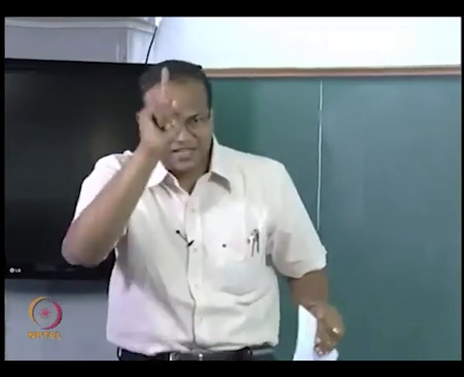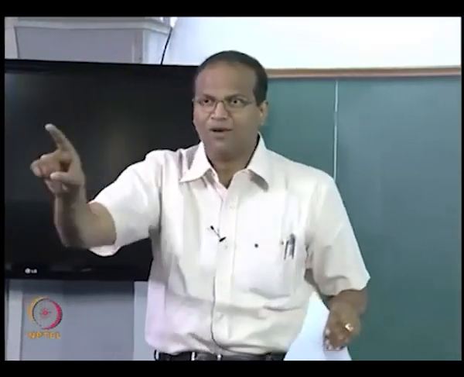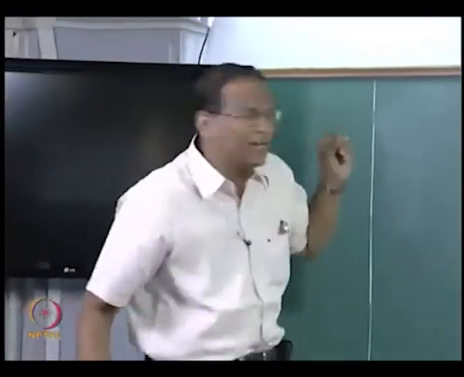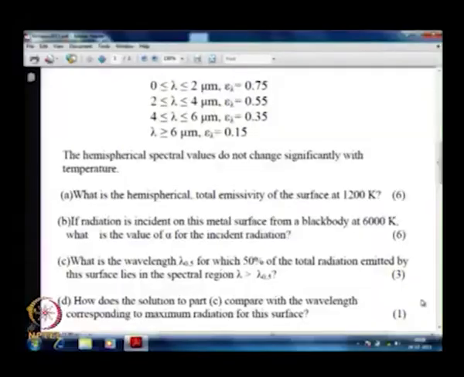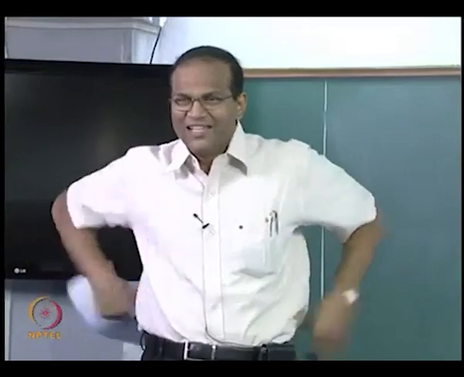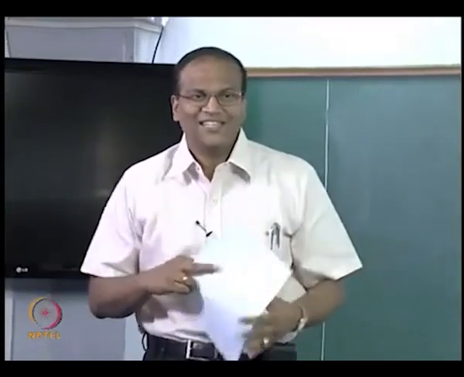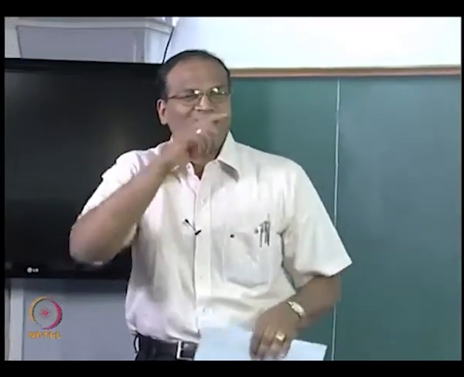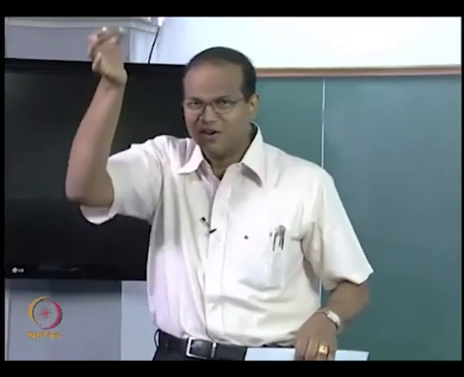That is correct for a black body as well as for a grey body. Not so here: the body under consideration is a non-grey body. Non-grey means epsilon is a function of lambda.